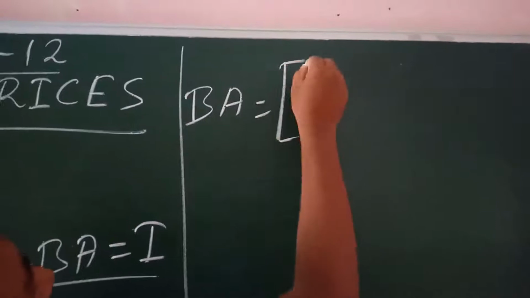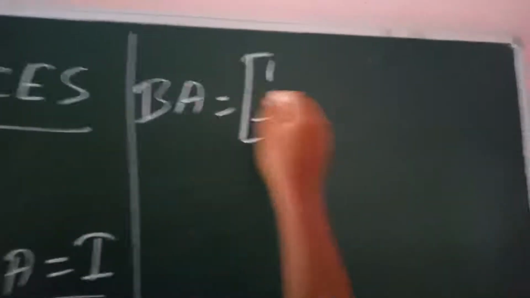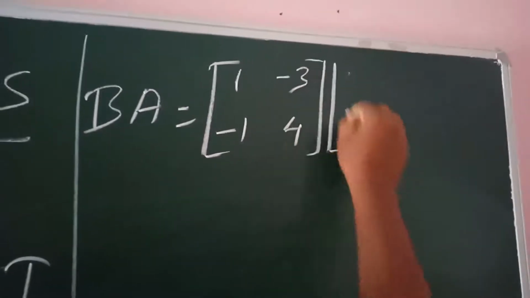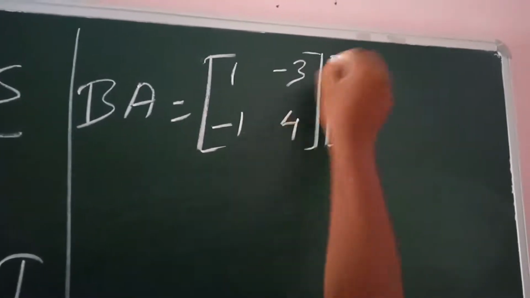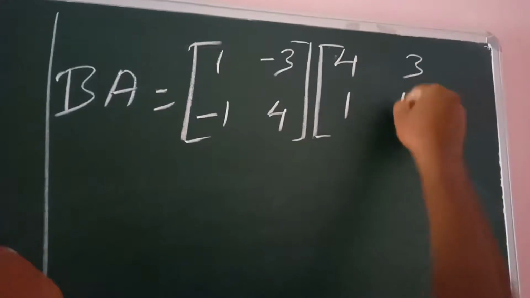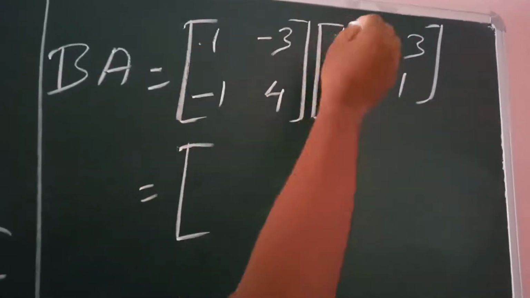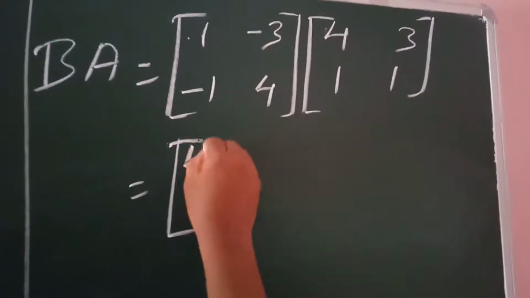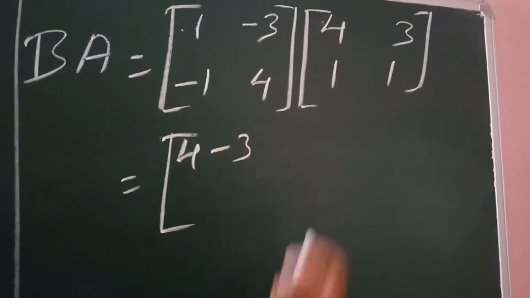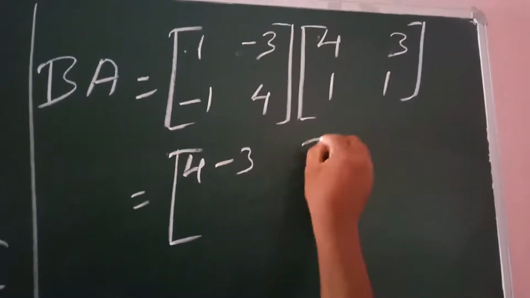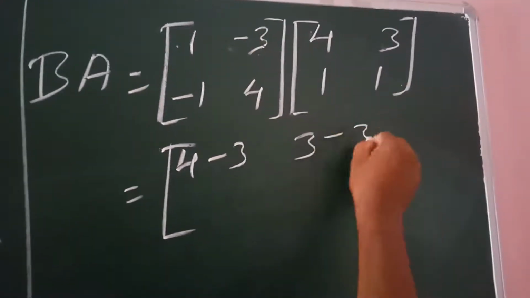BA is 1 minus 1 minus 3 4 multiplied by 4 3 1 1. So 1 into 4 is 4, minus 3 into 1 is minus 3, so we get 1. Then 1 into 3 is 3, minus 3 into 1 is minus 3, so we get 0.